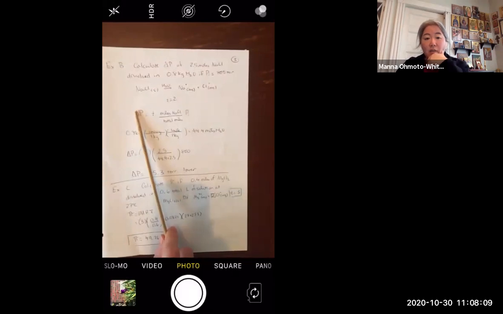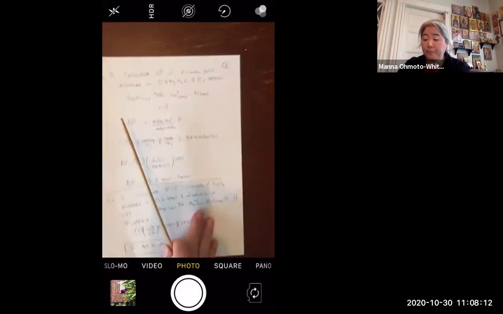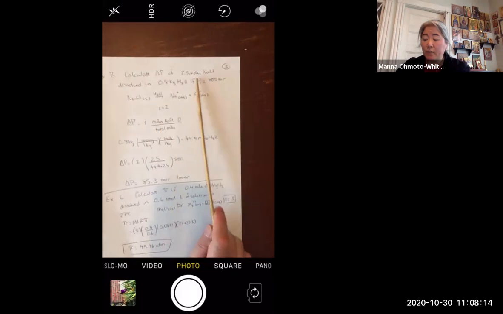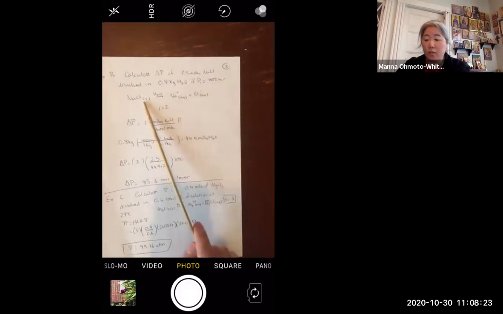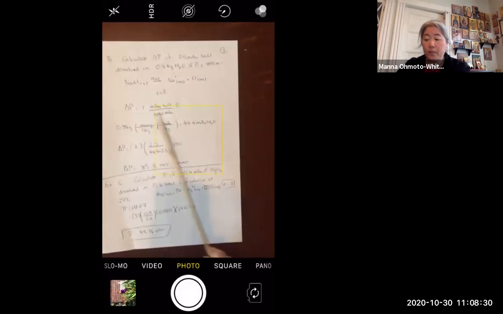Example B is looking at the change in vapor pressure. I have a change in vapor pressure of 2.5 moles of sodium chloride dissolved in 0.8 kilograms of water if the initial pressure is 800 torr. When I dissociate, I realize that I create 2 moles of ions, so my Van't Hoff factor is equal to 2. I'm looking at my change in pressure, which is the mole fraction of my solute times my original pressure times the Van't Hoff factor.